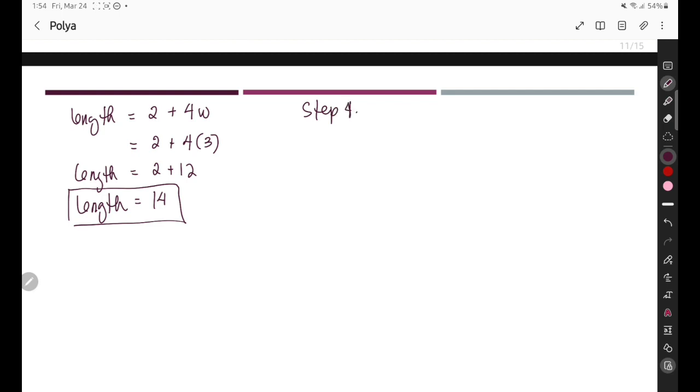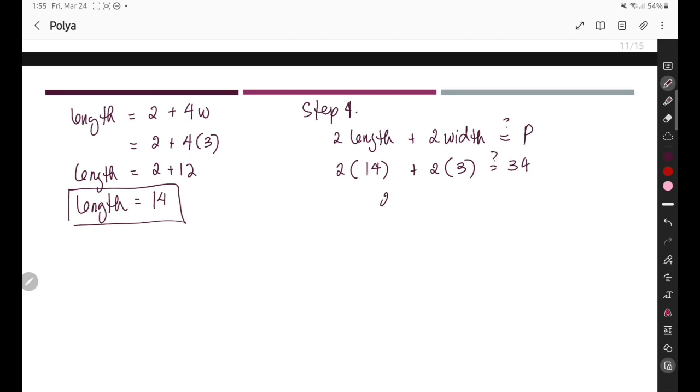So we're going to look back and check. Okay, so we're going to check if twice the length plus twice the width is equal to the perimeter, which is 34. Okay, so 2 times 14 plus 2 times 3, is it equal to 34?